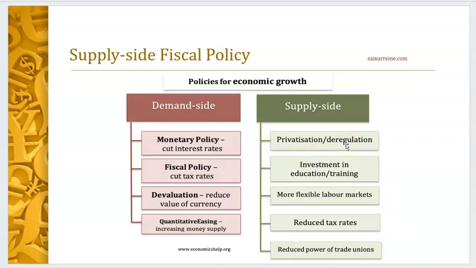Privatization or deregulation. Well, in this case, what we're saying is we want to make it easier on businesses, right? So we want to take some things that the government does. So when you hear people saying, let's privatize the post office because it doesn't make any money, so then you can no longer have the government service mail in any shape or form, that's a type of privatization.